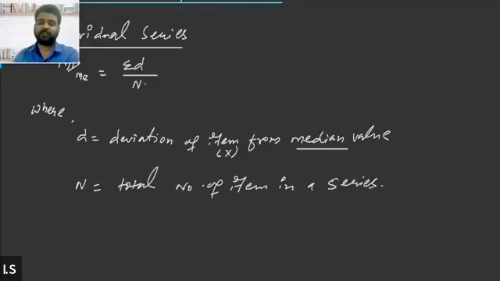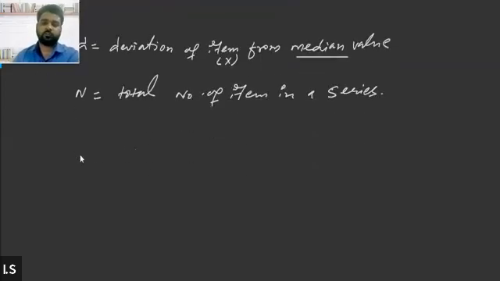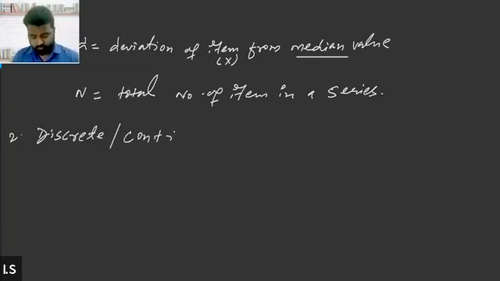You will be able to understand how this formula actually works when we actually solve the question. But for now, just write down the formula for calculating the mean deviation in case of discrete and continuous series. The formula is the same. There is no change in the formula in case of discrete and continuous series. So I'm writing the formula for both.